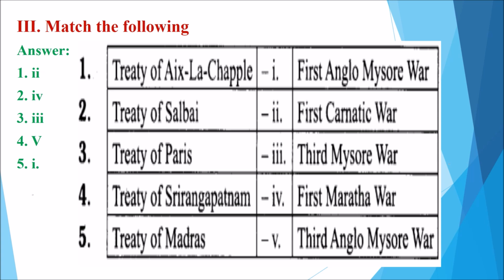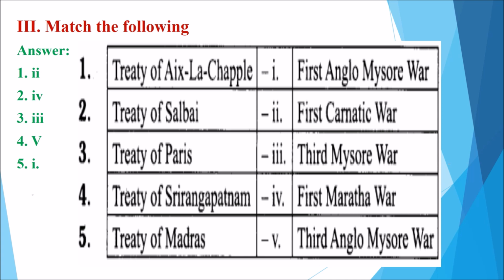Treaty of Allahabad. Question number 4. The Treaty of Pondicherry brought the dash Carnatic War to an end. Option A. First. Option B. Second. Option C. Third. Option D. None. So the correct answer is option B. Second.